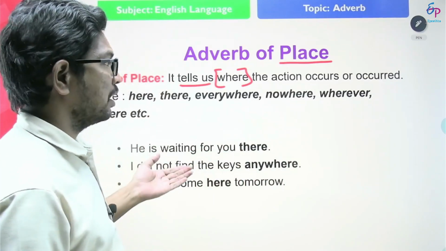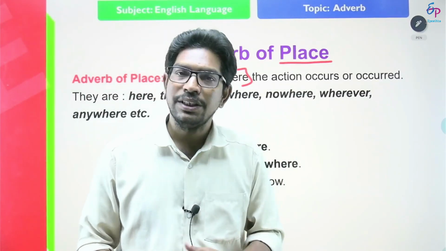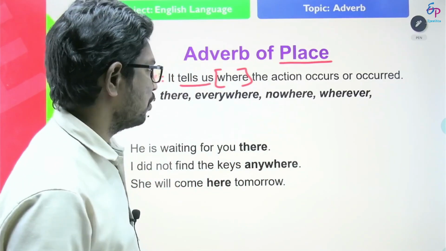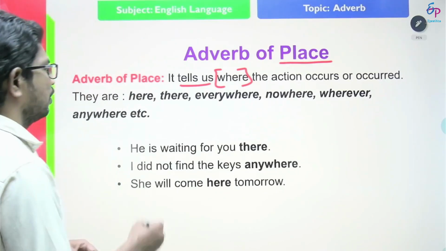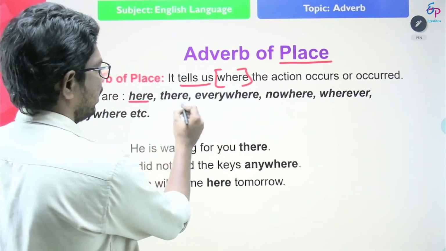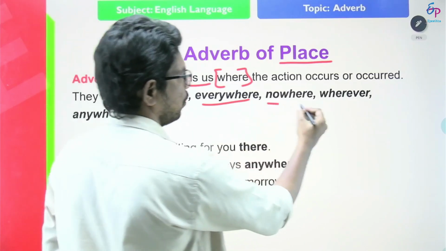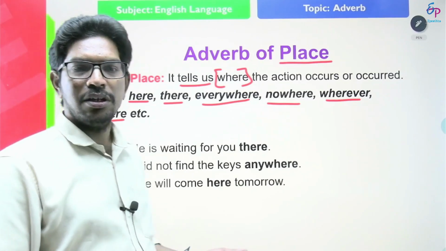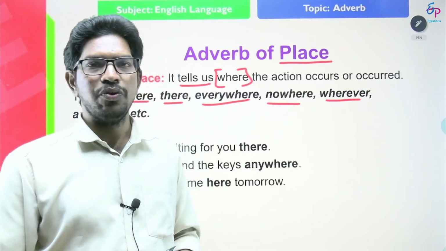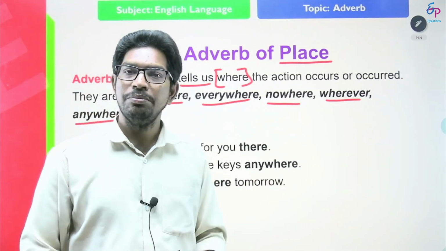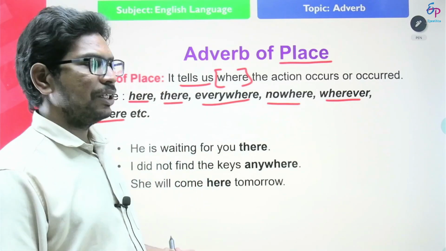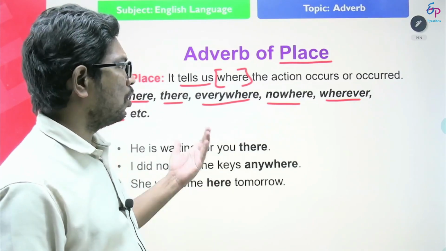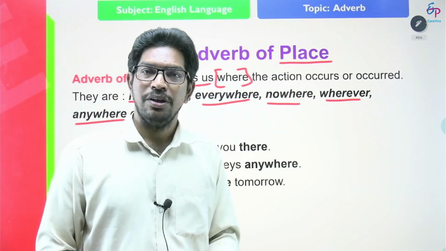Now adverb of place tells us where the action occurs or occurred. What are those adverbs of place? They are here, there, everywhere, nowhere, wherever, anywhere, on the table, on the sofa, at the bus stop, in India. The phrase or clause or words which indicate place are called adverbs of place.